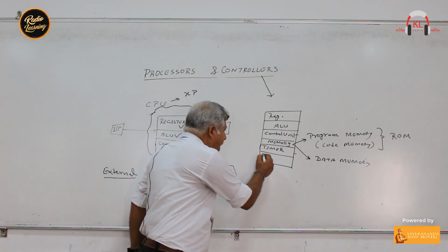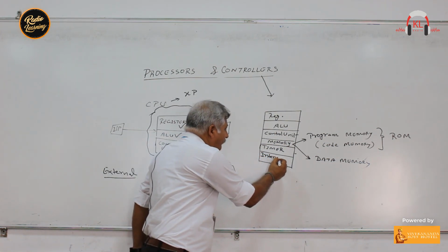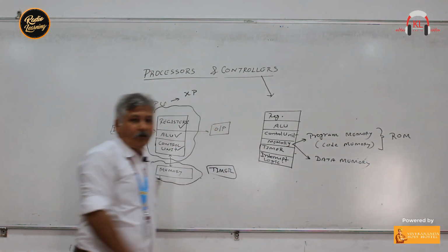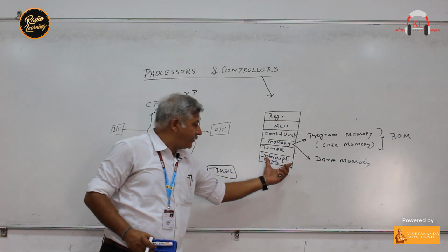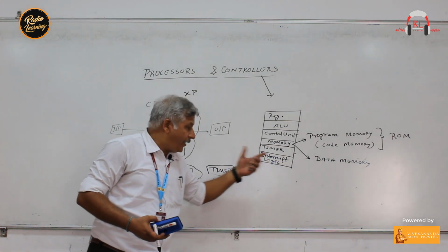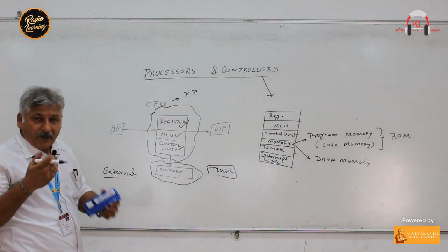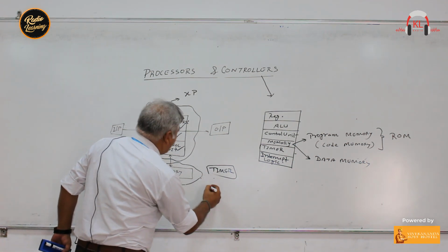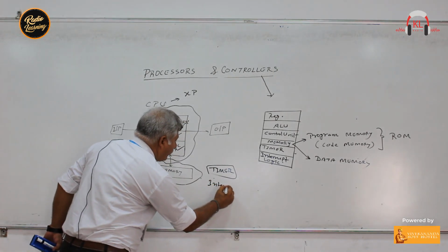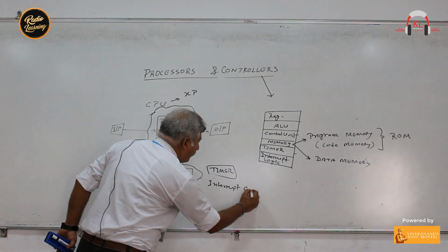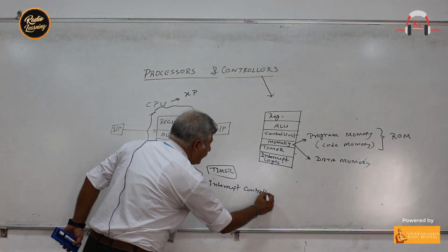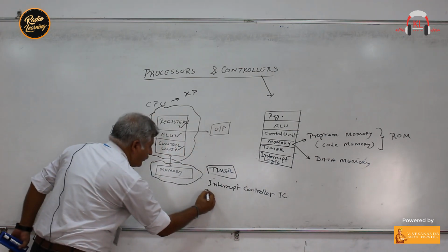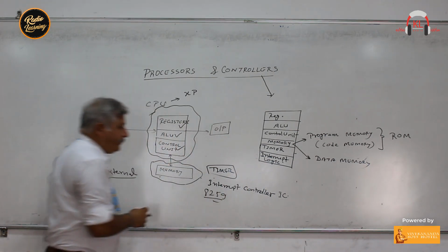Another thing, interrupt logic, right? Interrupt logic is a part of the microcontroller. Whereas in the case of the microprocessor, there is a special chip called the interrupt controller IC, 8259.